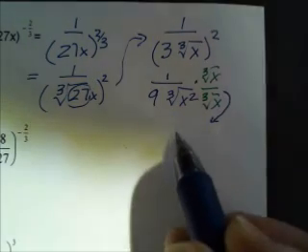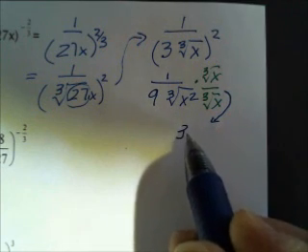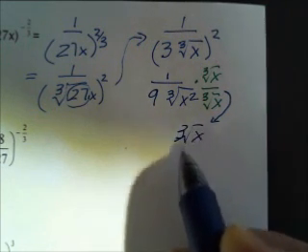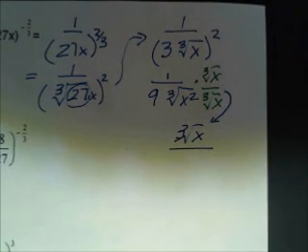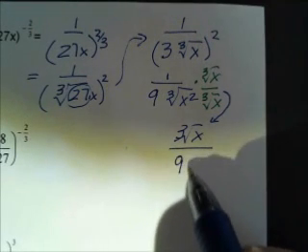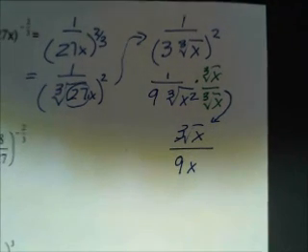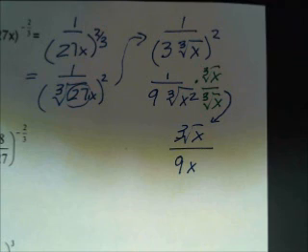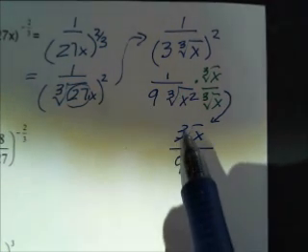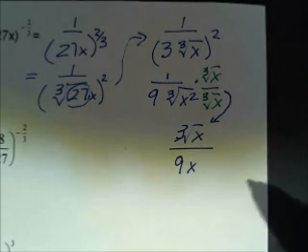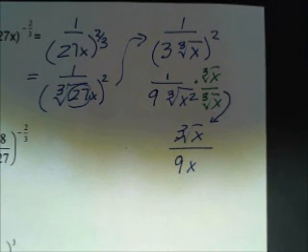And that would bring us to the cube root of x over 9x. Made that a little large. That's the root. That 3 is the root. Cube root of x over 9x.